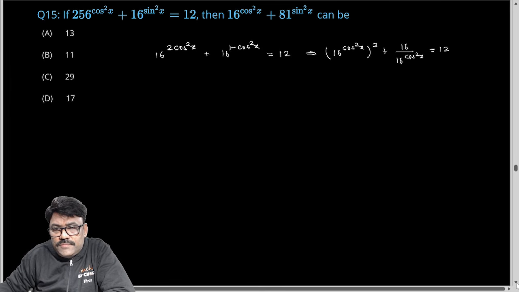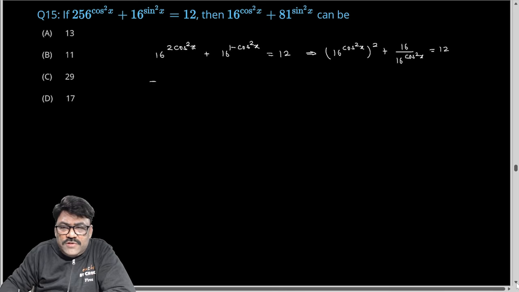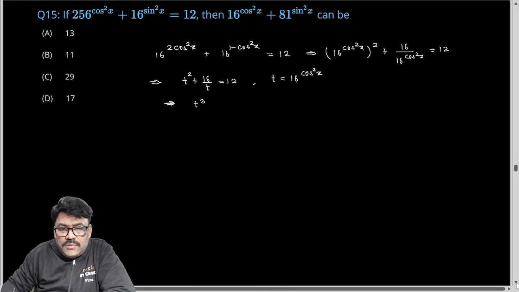It is 12. Now if I substitute 16 raised to cos square x as t, so it is t square plus 16 by t is equal to 12. t is 16 raised to cos square x. So now you are getting a cubic equation here, t cube minus 12t plus 16 equals 0.